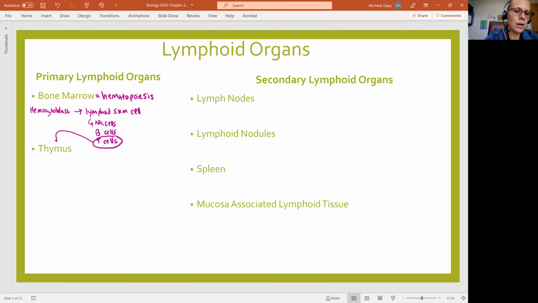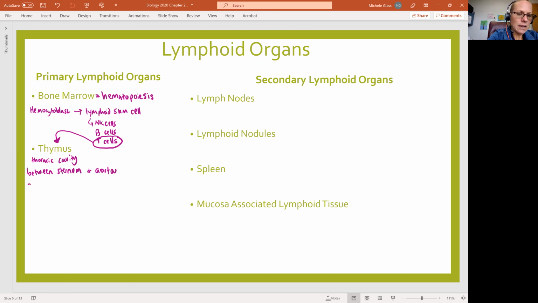But the T cell is leaving the bone marrow and going to the thymus, which is another one of our primary lymphoid organs. And when we talk about the thymus, we've mentioned it's located in the thoracic cavity. It's located between the sternum, remember your technical name for your breastbone, and the aorta.